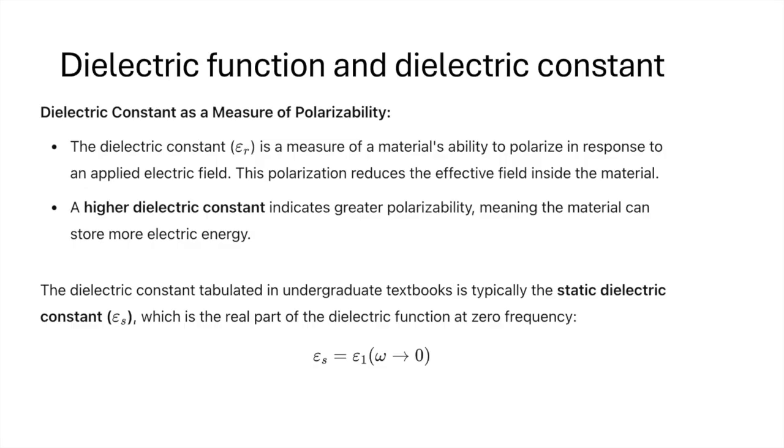So a higher dielectric constant indicates a greater polarizability, meaning the material can store more electric energy. The dielectric constant tabulated in undergrad textbooks is typically the static dielectric constant epsilon s, which is the real part of the dielectric function at zero frequency. That's when omega is approaching zero.